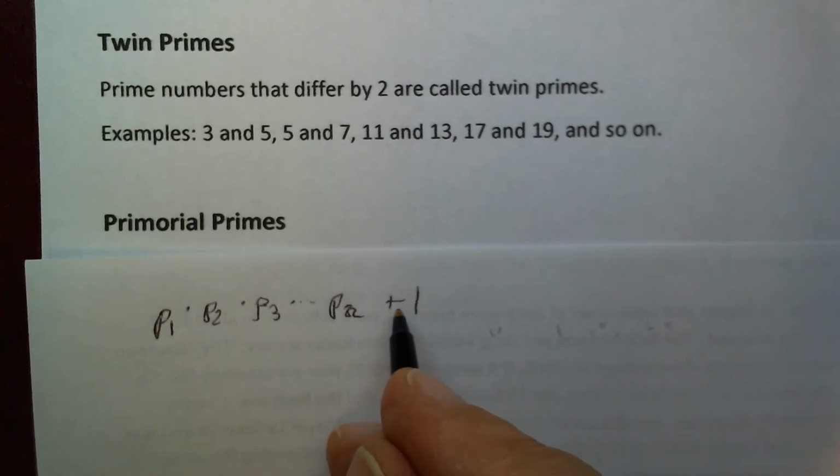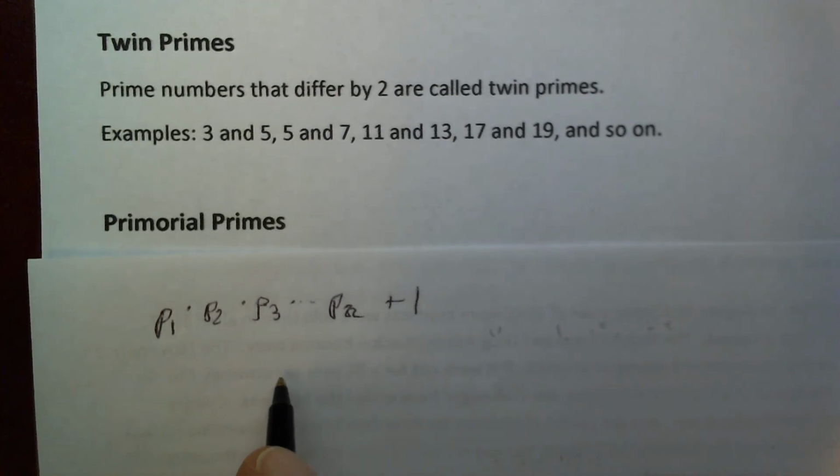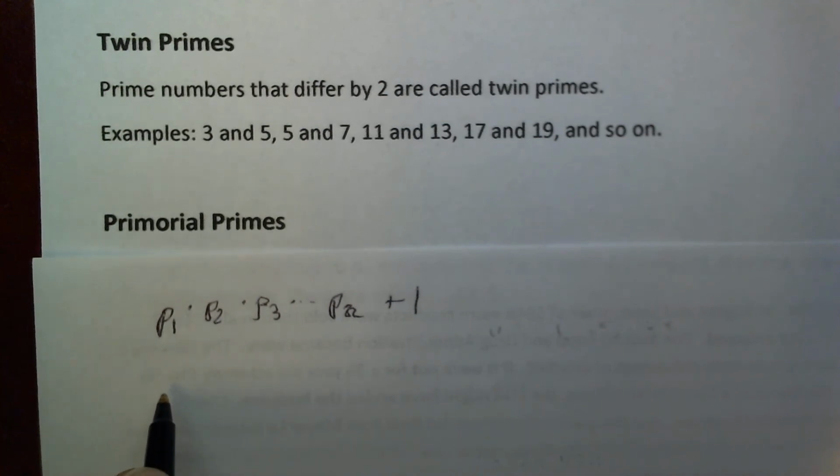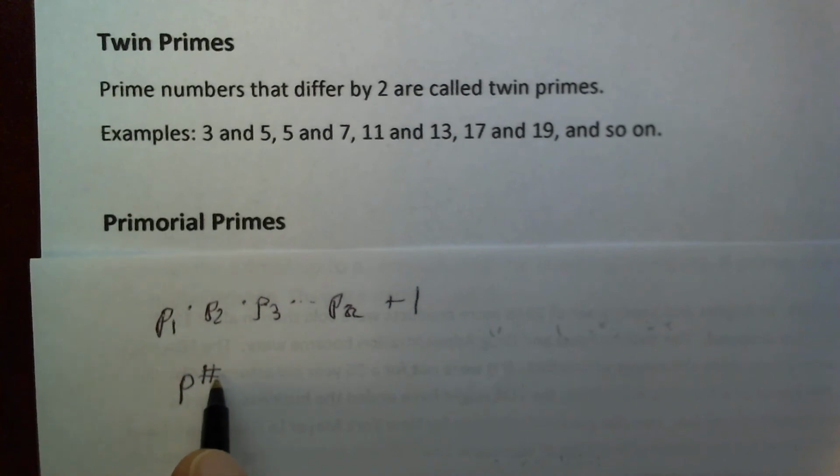When all the primes up to p sub n are included and the resulting number is prime, these are called primorial primes. They are denoted by p, a pound sign, plus or minus 1.